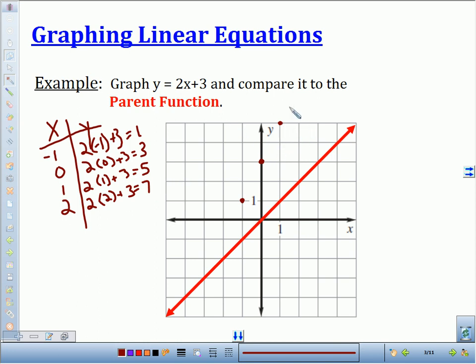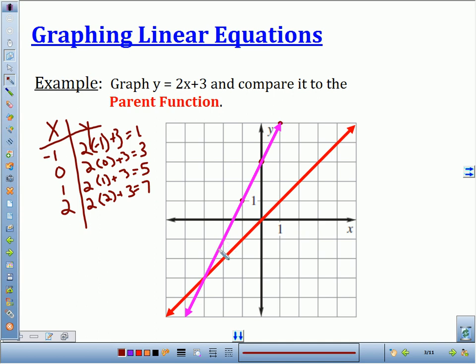This does not show up on our graph because my graph is not big enough. But that's not really important. As long as we have at least 2 points, we can graph any line. So what I want to do is draw the line, and I want my line to connect all of the points that I have. Here's my line.